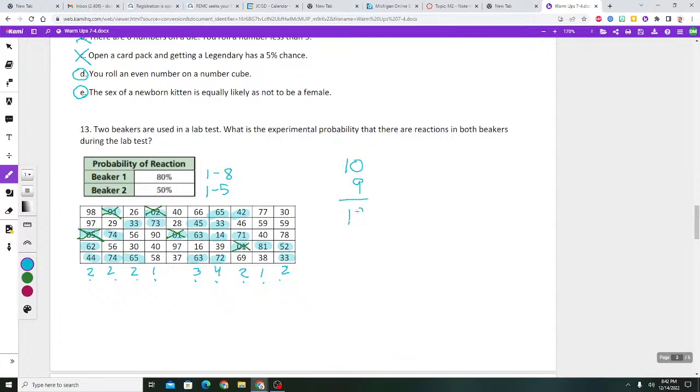So we have 19 successes out of 50. When you divide 19 by 50, you get 0.38, and that as a percent is 38%. So there's a 38% chance. The experimental probability says that there's a 38% chance that there will be a reaction in both beakers.